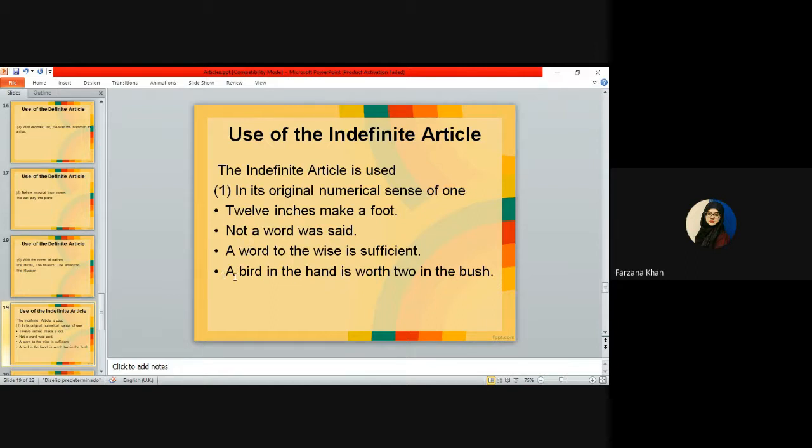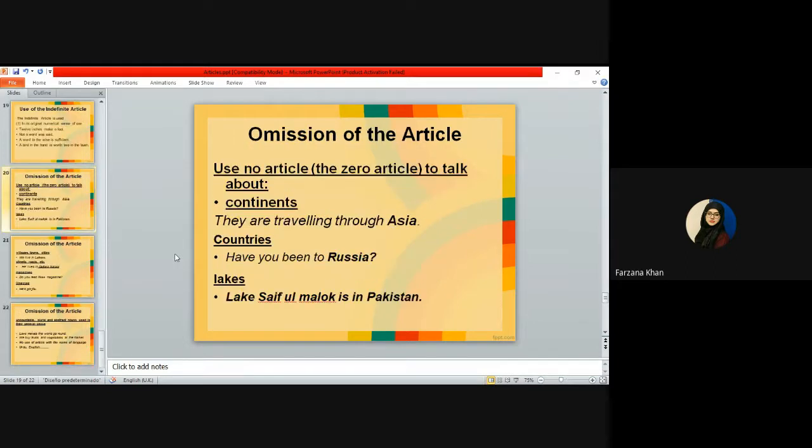Next, you can see, a bird in the hand is worth two in the bush. A bird, a word, again, the indefinite article has been used in its original numerical sense of one. So it is specifically the use of the indefinite article.